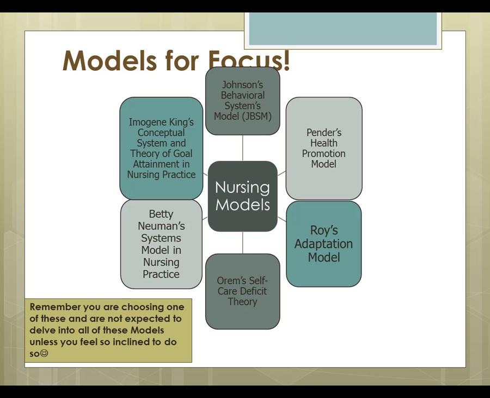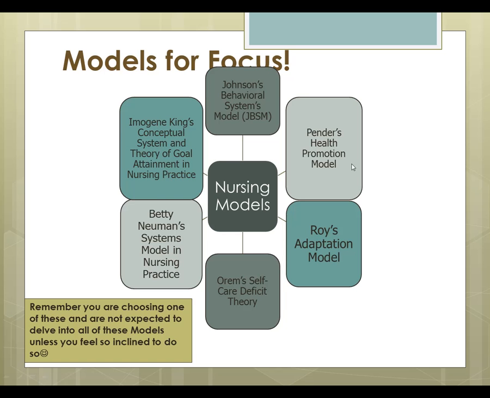You can't go backwards to the philosophies, so please do not use Benner, Watson, or Nightingale for this assignment. You have to use a nursing model or grand theory. So I would stick to the ones listed under the models in the Alligood text. I picked out six of these, and then I added a non-nursing model, which we'll talk about, because Centra uses it, and you're welcome to use any one of those for the discussion board.